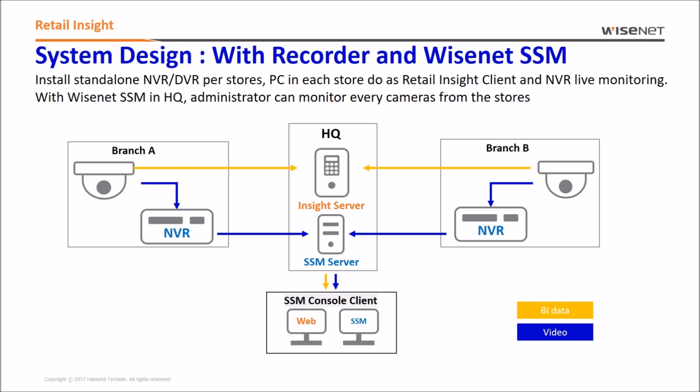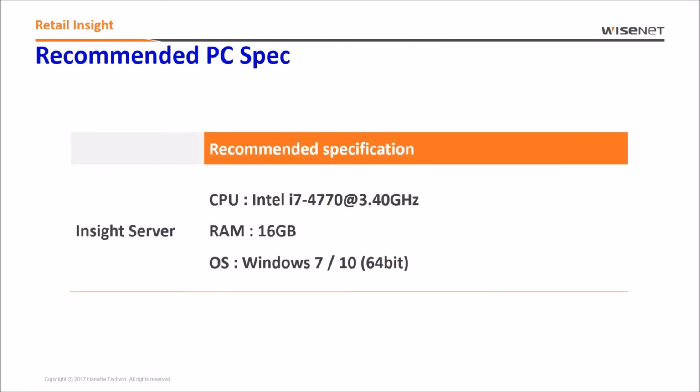So for the console client, there's only one console that will be enough because you can install SSM client software on the console, and also you can access the Retail Insight server with a Chrome browser. Okay, this is a recommendation of the PC spec for the Retail Insight server.